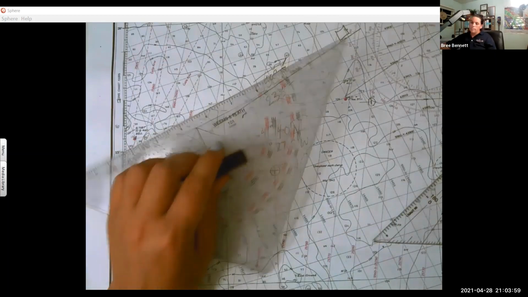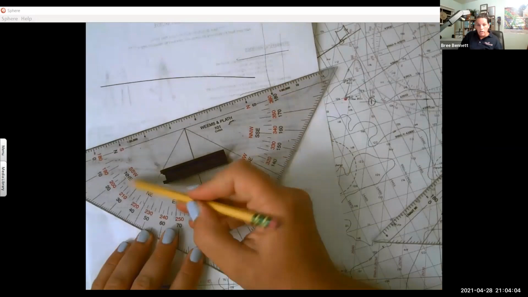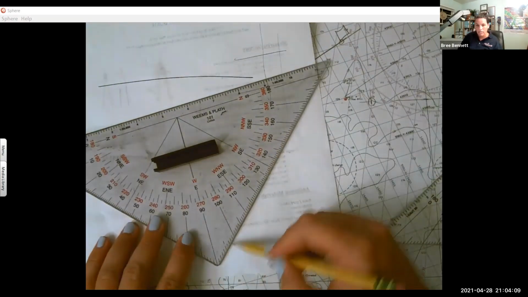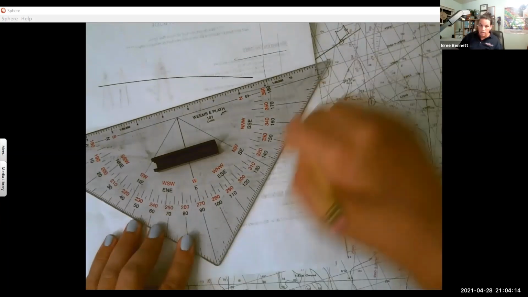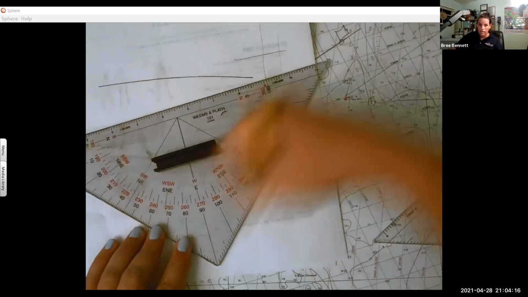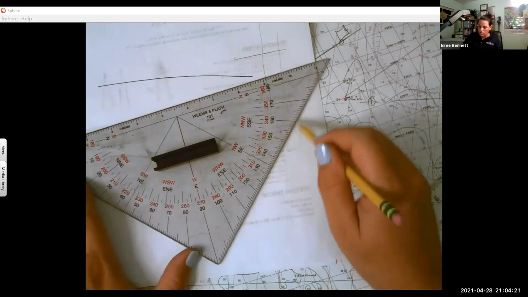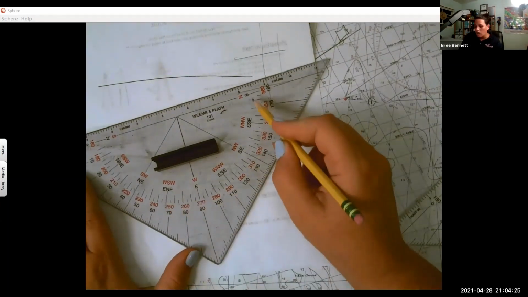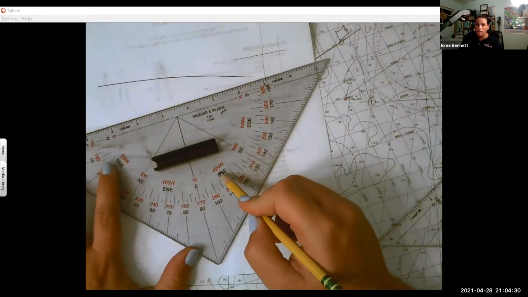Also on your triangle, for those using triangles, you have two sets of lines. You have these little ticks on the outer side of the triangle. Those are your degrees. So there's essentially 180 of those, and it's like folded in half. So you have your 360 degrees. These ticks right here are associated with your cardinal directions.